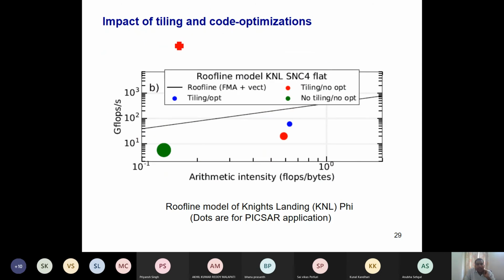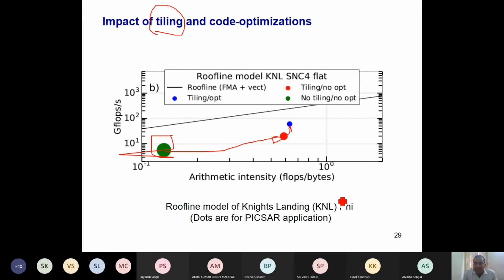Similarly, you could do all other optimizations. We have already discussed what cache tiling is. Initially we were here, not doing tiling and not doing any code optimization. When we did tiling, we moved here. And when we also did code optimization, we moved here.